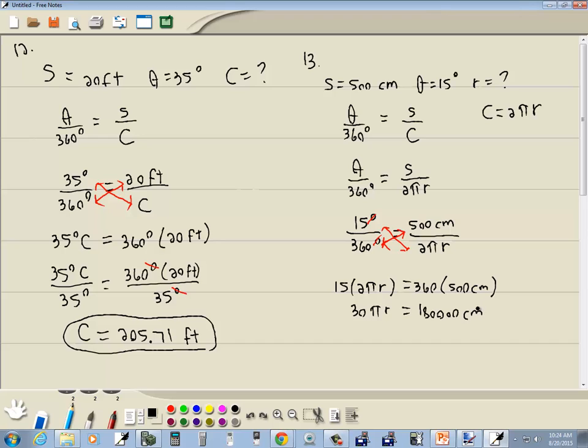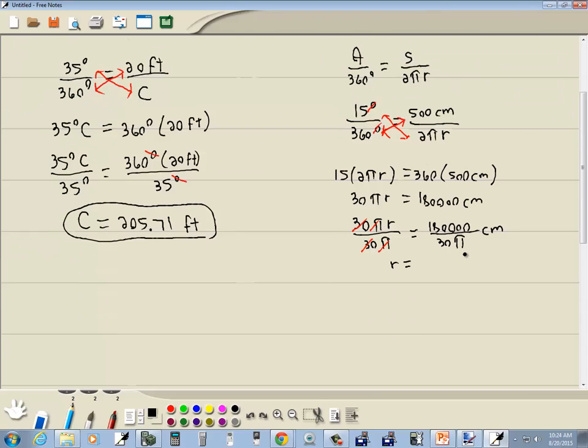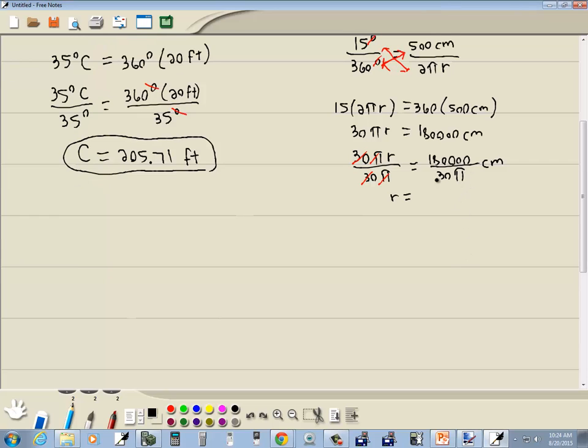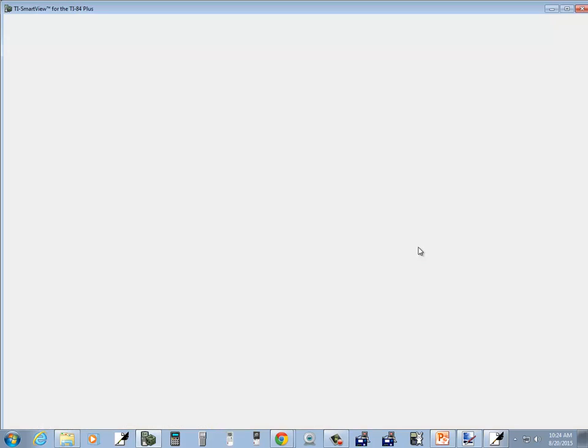180,000 centimeters. Now we're trying to get R by itself, so we're going to divide both sides by what's in front of our R. So we're going to divide both sides by 30 pi. And over on the left side, the 30s will cancel, the pi's will cancel, so we're left with R. And over on the right side, I'm going to plug that in my calculator. I have to be careful though, because we have more than a single number or a single pi down in the denominator, so we have to put parentheses on that part.